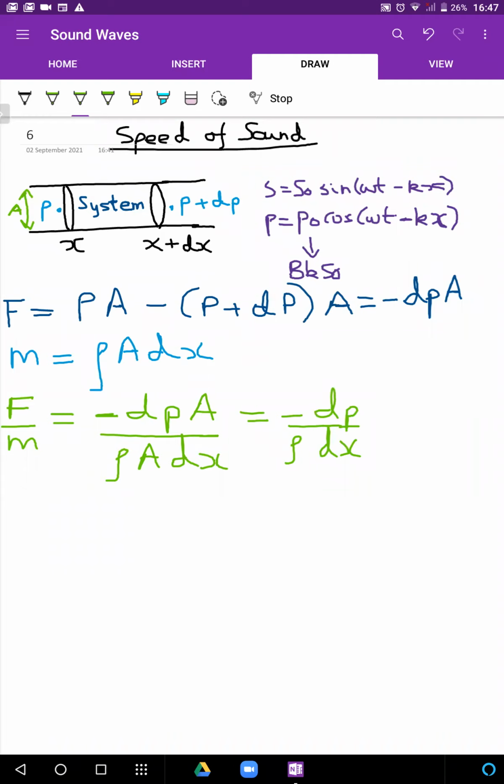With dP by dx, an equation is right in front of you. Let's differentiate that.